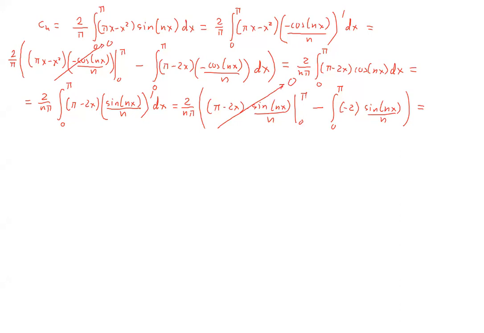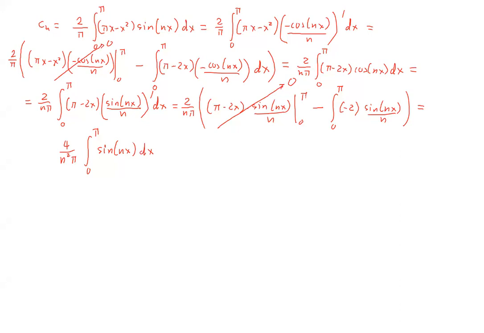And we need to, again, clean up the debris here. So you have 2 minuses, which again will give you a plus. So you will have 4 over, I have another n now, n squared pi, excuse me, times the integral from 0 to pi of sine of nx. And here there's no need for any other trick.